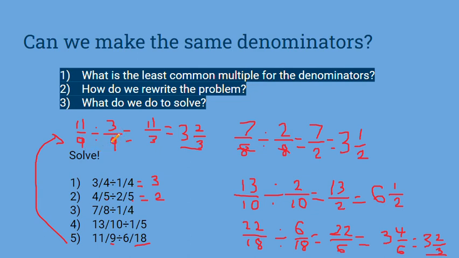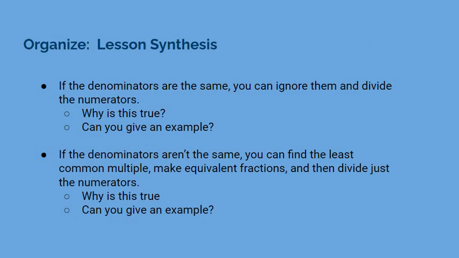And if we make those like denominators, remember that we have to adjust one or both of those so that way they come out to what their equivalent fraction is. We can't just change the numbers without making sure that we've used the same factor on the numerator and denominator. So, what do we find out? If numerators are the same, you can just flat out ignore them and divide the numerators.